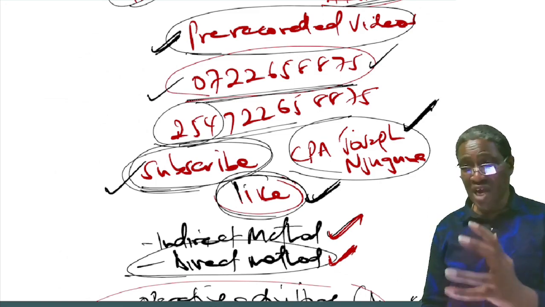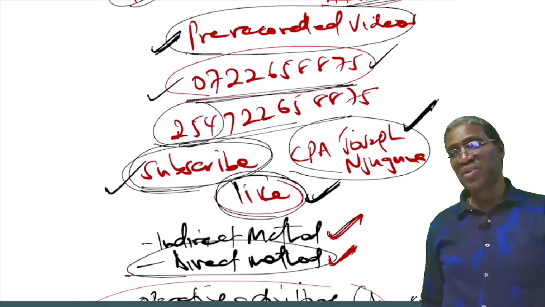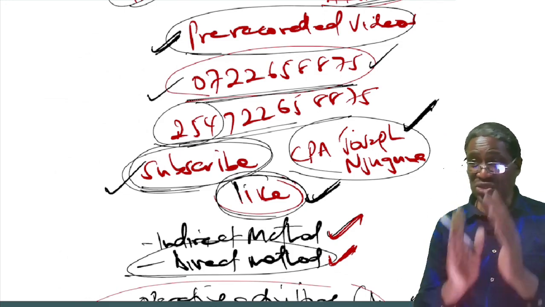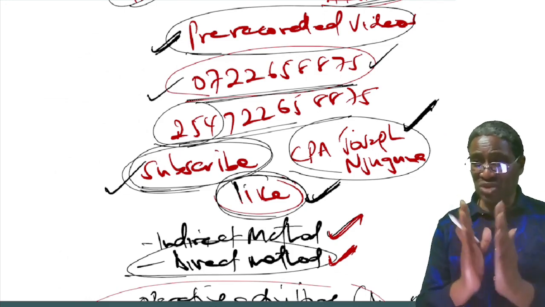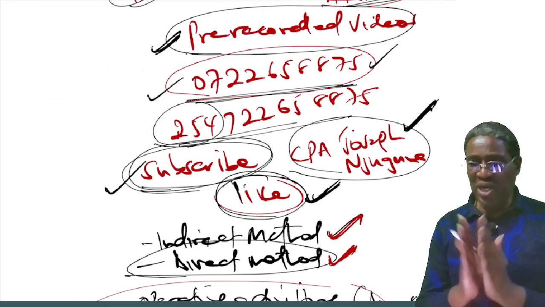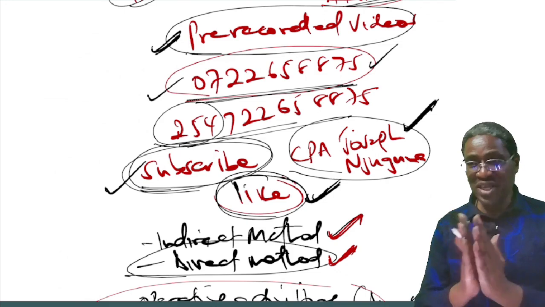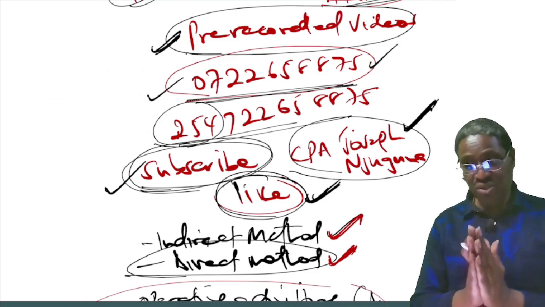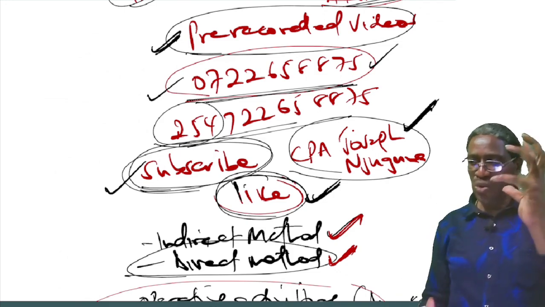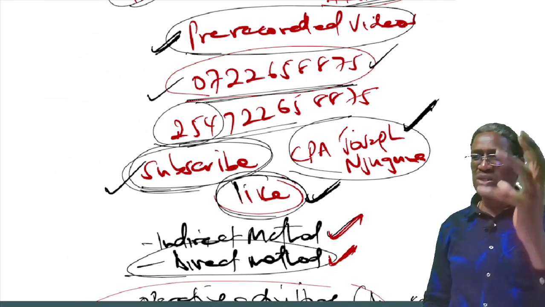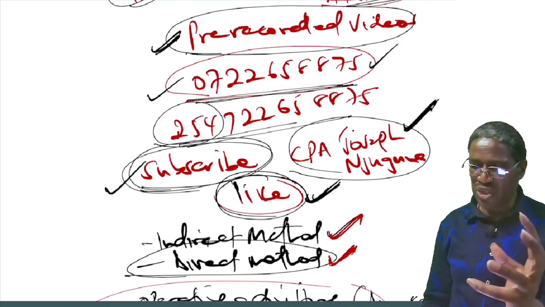I hope by now, at least you have understood something in what we have discussed today. The emphasis today was how to prepare a cash flow statement using the direct method. I talked about how we determine the cash received from customers and the cash paid to suppliers.